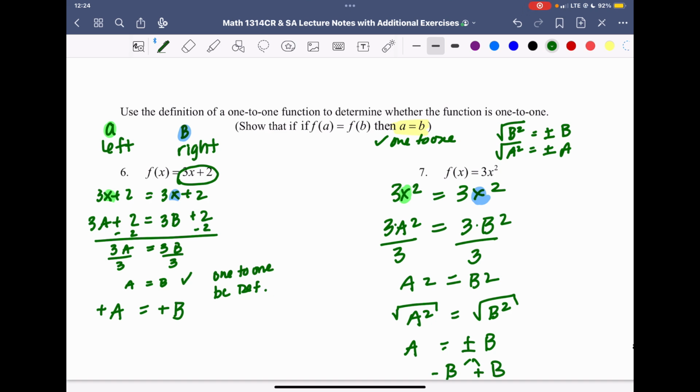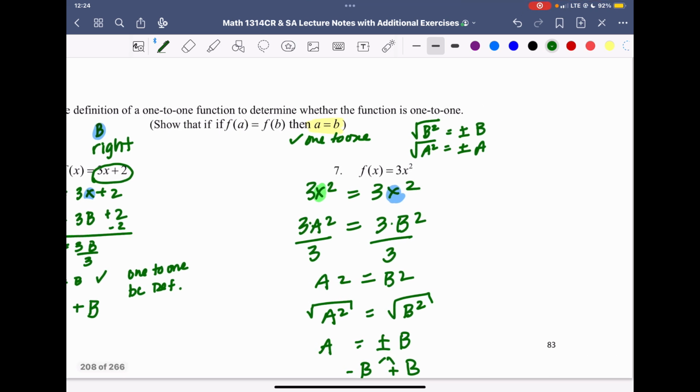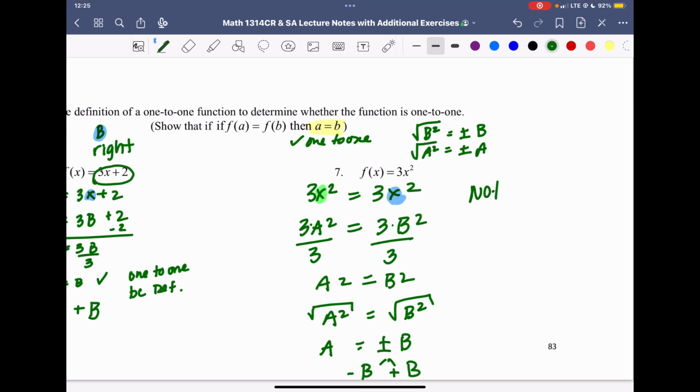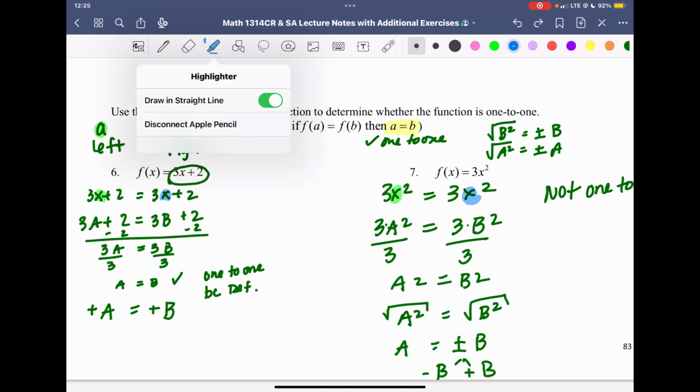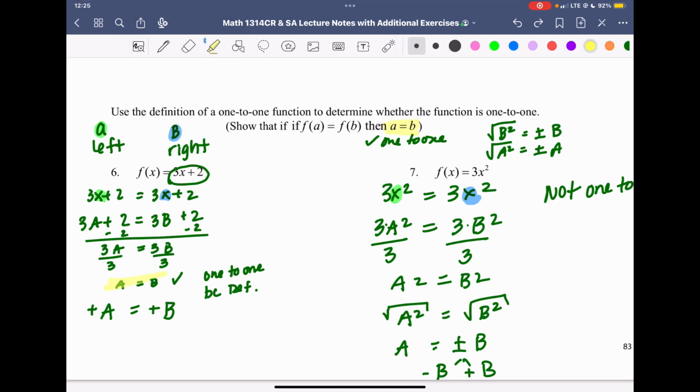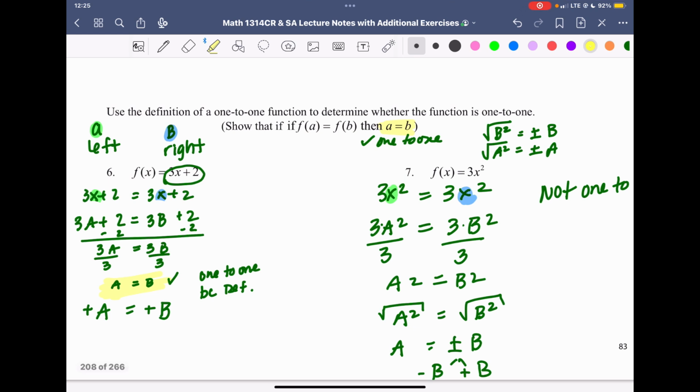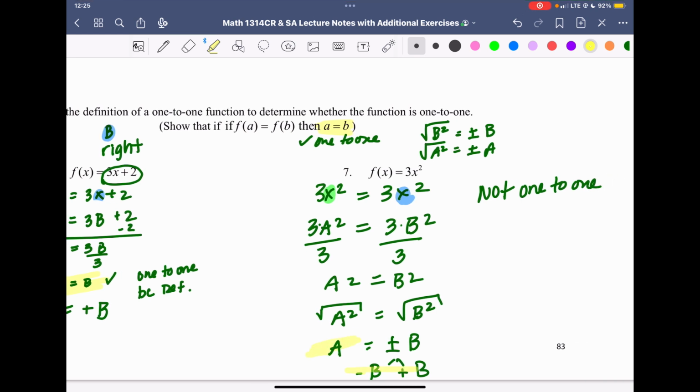So because of this scenario, this is not 1-to-1. It has to have a direct equivalent. Positive, positive. This one has a equaling 2 different solutions. So it's not 1-to-1.